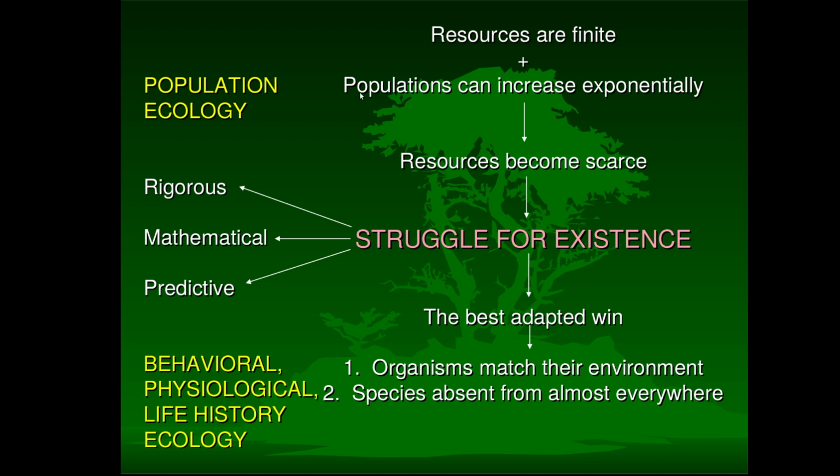So as populations of many species increase, resources become scarce, and there's a struggle for existence within each species and also between species. Okay, so we've shown the math for this struggle within a species. Now we've got to expand it to show two species interacting at the same time and consider the possible outcome of that interaction.